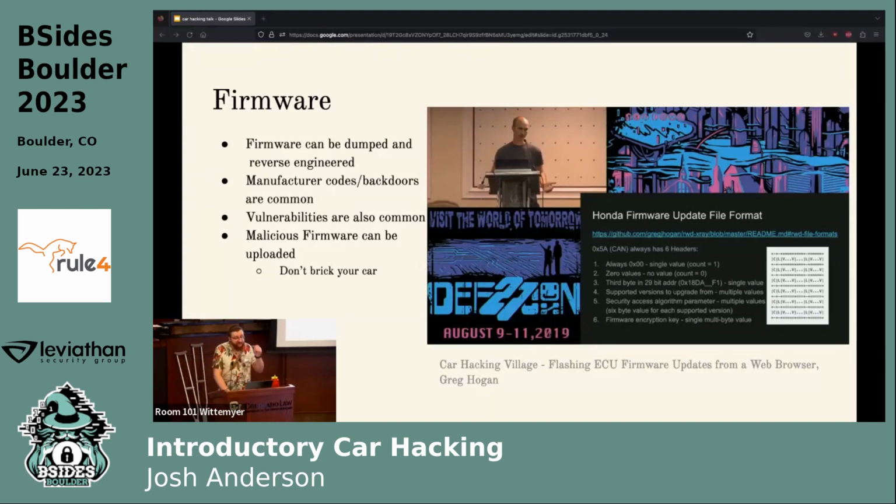It's surprisingly often to find manufacturing and engineering modes with weak authorization checks in place. And sometimes you can even write purposefully vulnerable firmware that you have backdoored onto these ECUs. But again, that is a great way to brick your car if you're not super sure about what you're doing.